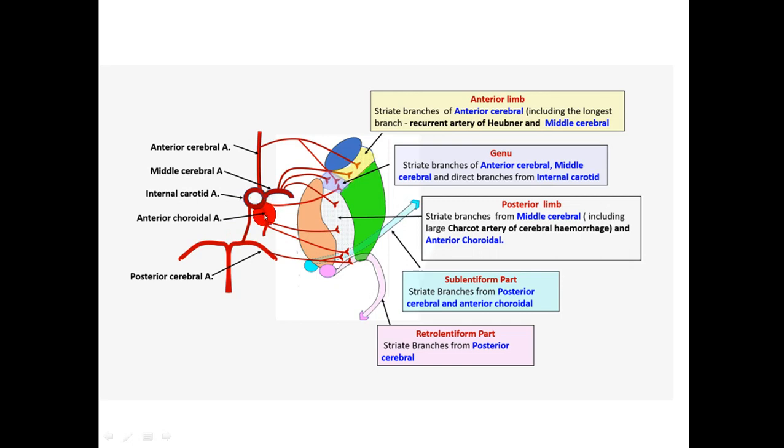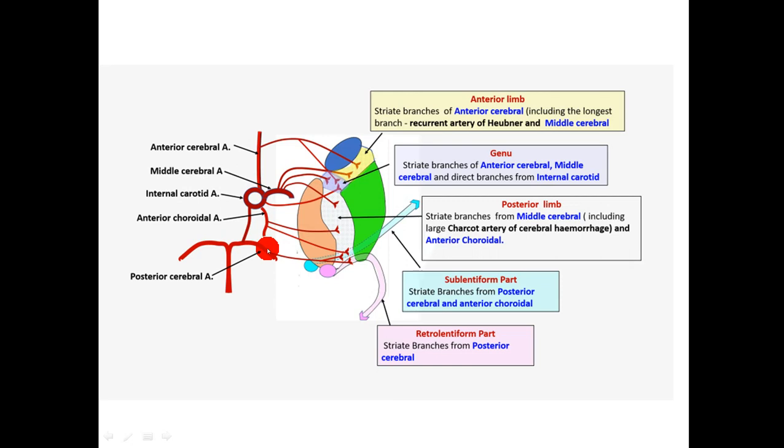And this artery is called the anterior choroidal artery, branch of the internal carotid artery, which is going to supply part of the posterior limb and the retrolentiform area. And you can see the posterior cerebral artery, which is going to supply the retrolentiform and the sublentiform part.